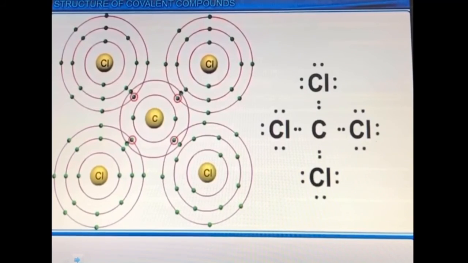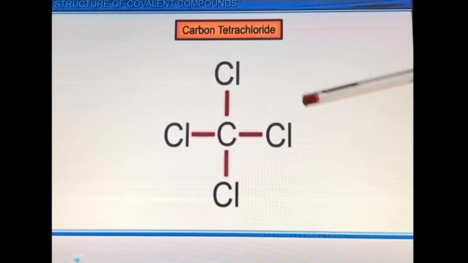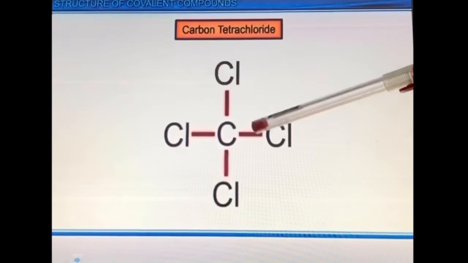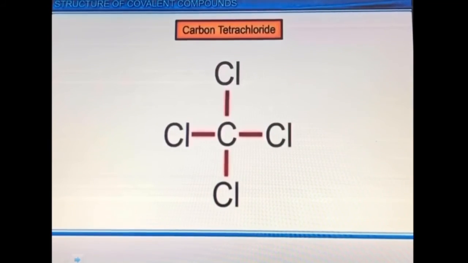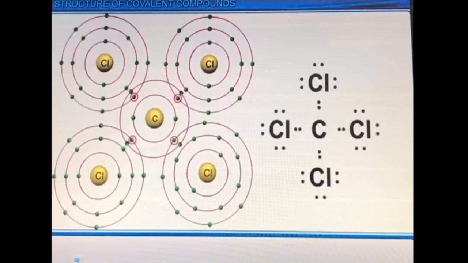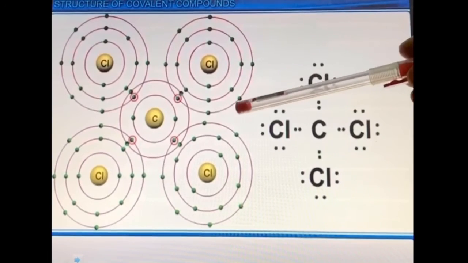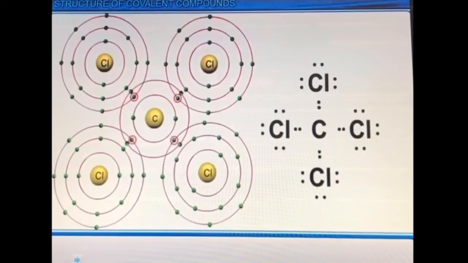So one carbon is attached to 4 Cl with covalent bonding. That is the electron dot structure of CCl4, and this one is the orbit structure of CCl4. One electron from each Cl is shared by carbon with its 4 electrons.